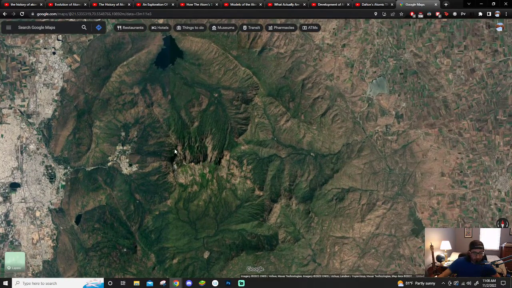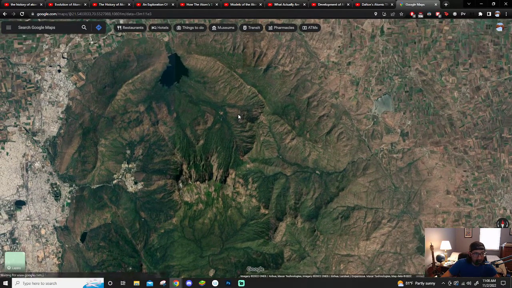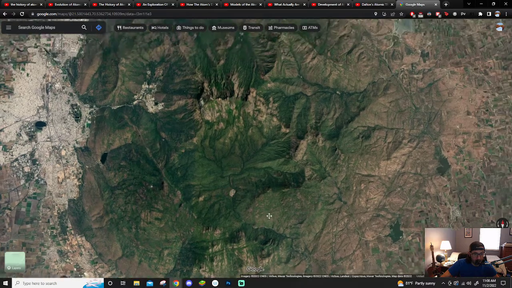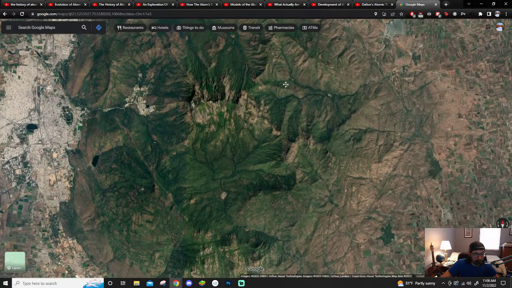Systems forming that are not able to be so uniformly shaped around, like it's a big bulge there, there's a big bulge there, so this ring just doesn't happen as much, even though it's still there in the rock.